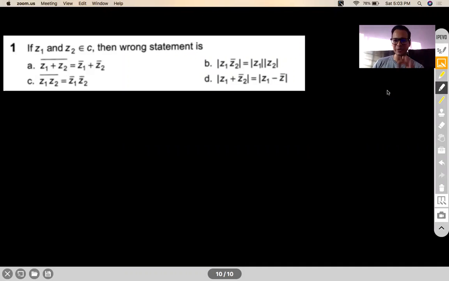You should answer within 20 seconds, guys, not even more than 20 seconds. Which of the statements is wrong? Good, good, good. People are on the right track.